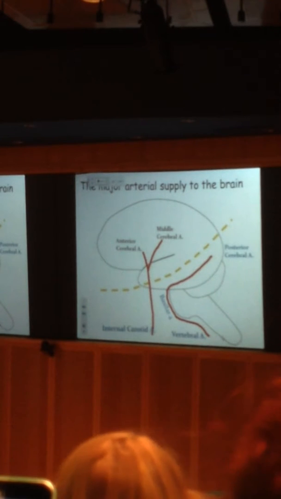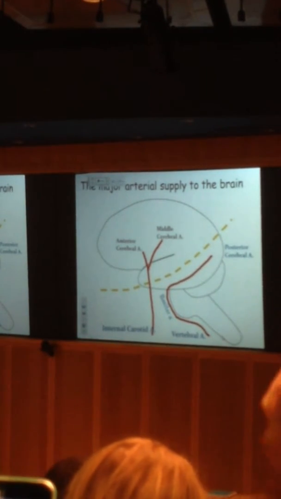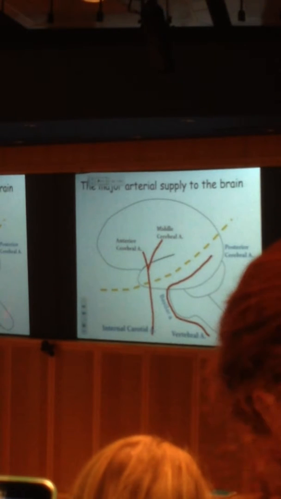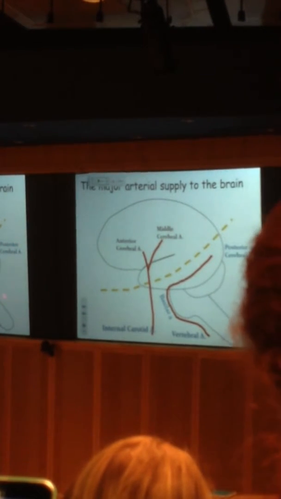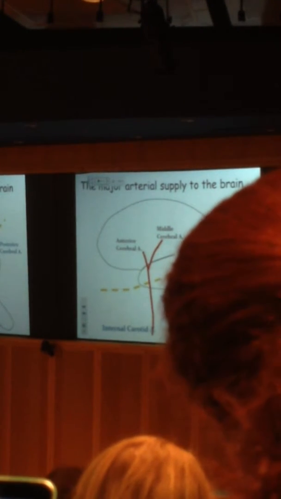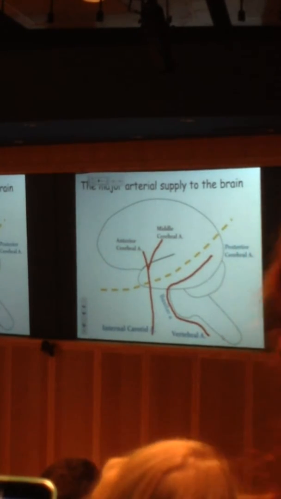It then divides and becomes the posterior cerebral artery. The posterior cerebral artery supplies the posterior side of your brain, while the anterior and middle cerebral arteries supply the frontal and middle parts of the brain.